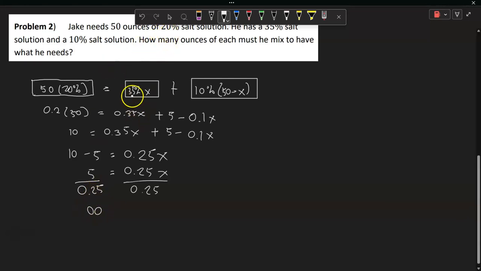So 20 equals X. Meaning to say, we will need 20 ounces of the 35% solution, and the other one will be 50 minus 20, which is 30. So we'll be needing 20 ounces of the 35% solution and 30 ounces of the 10% solution. That will again be our answer.